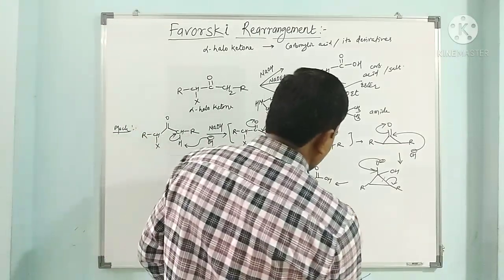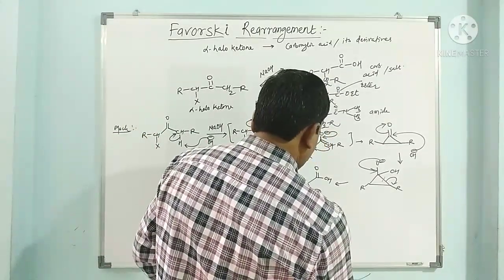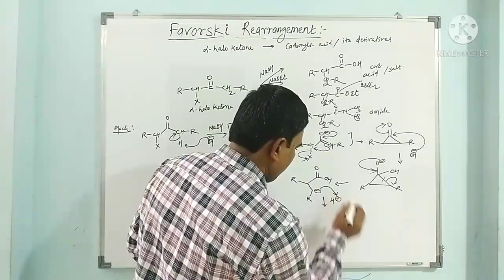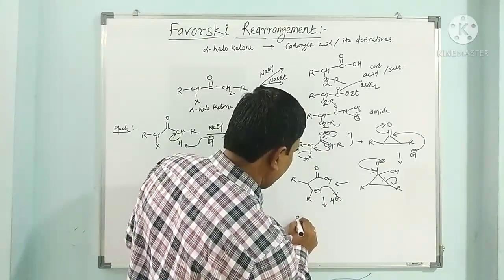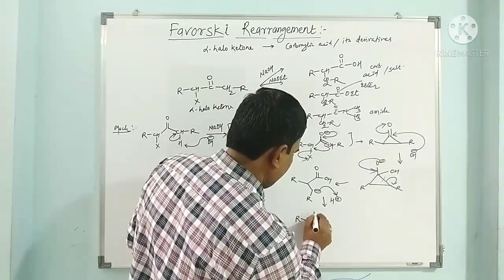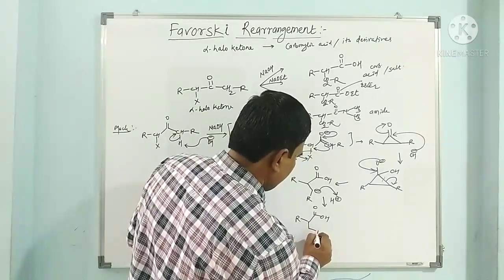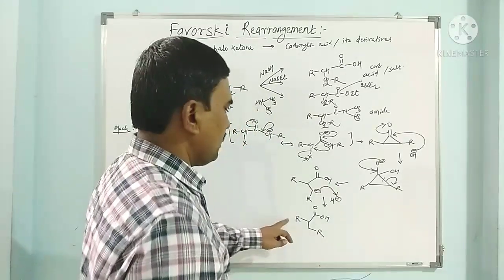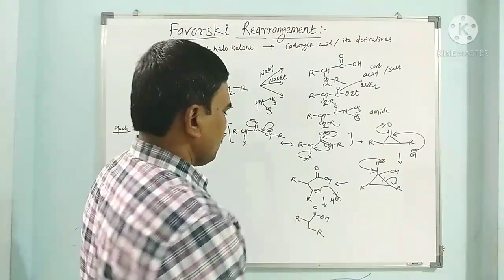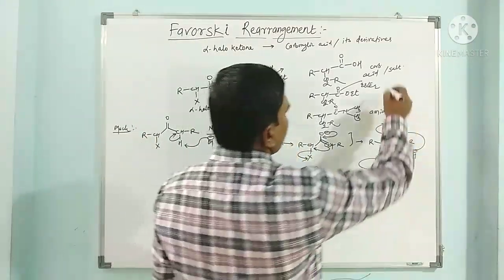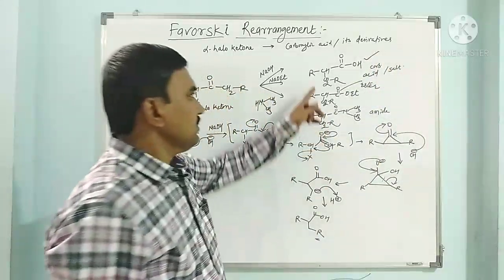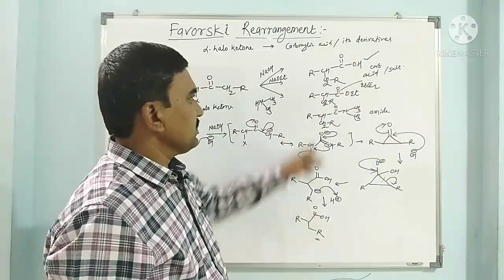Now this negatively charged carbanion accepts a proton, and we get R COOH, here this is R. So R CH CH2R COOH is the product we get here.